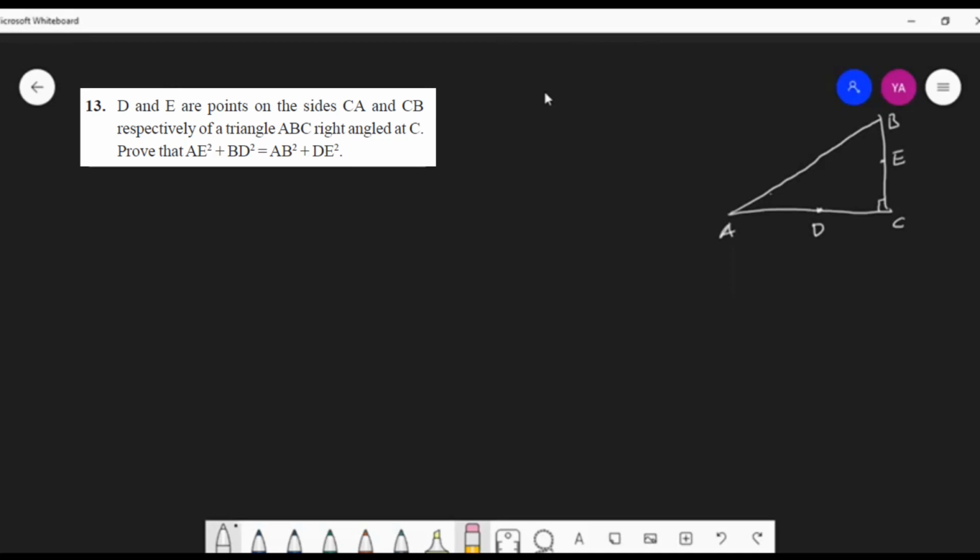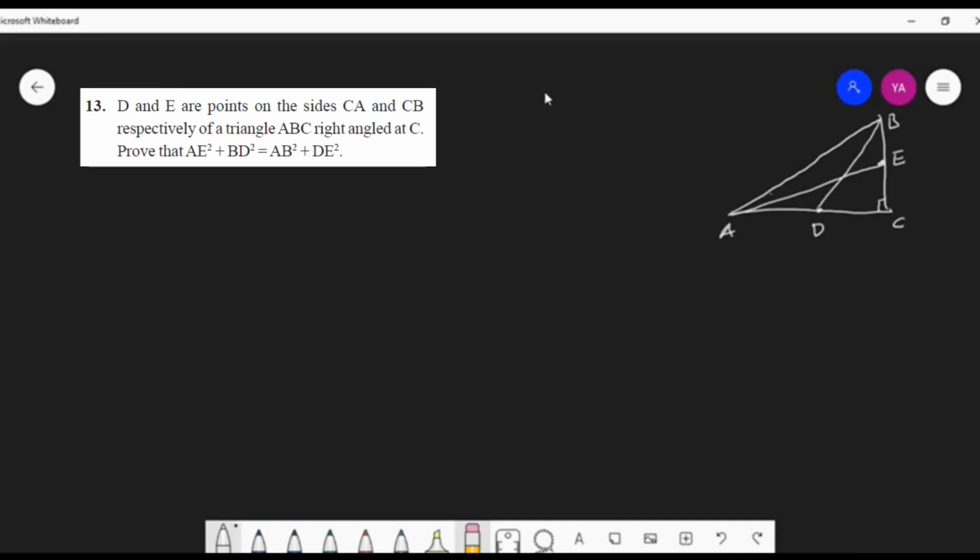We need AE. In the result, you look here, AE square. So we can connect A and E so that we can form a right triangle ACE, right? And we need BD. So we can connect B and D so that we can form another right triangle BDC.